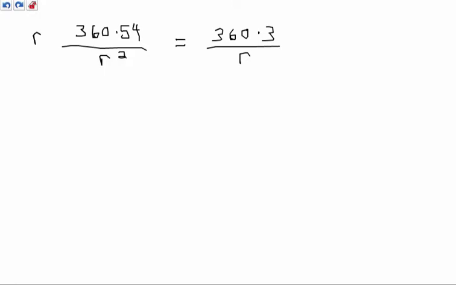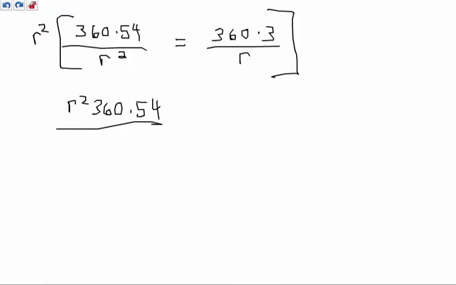So let's clear our fractions, and we'll do that by multiplying both sides of the equation times r to the highest degree, which is a 2. So we're going to multiply both sides of this equation by r squared. And so we get r squared times 360 times 54 over r squared equals r squared times 360 times 3 over r.